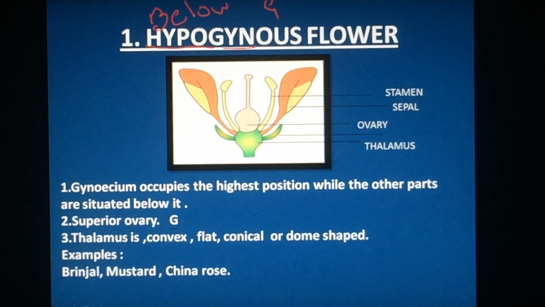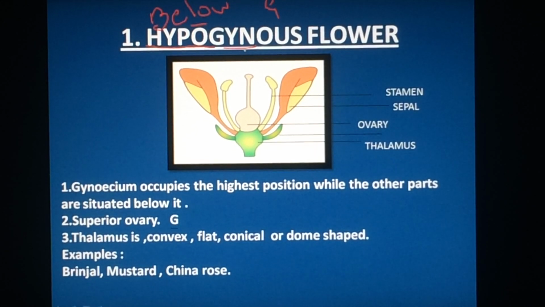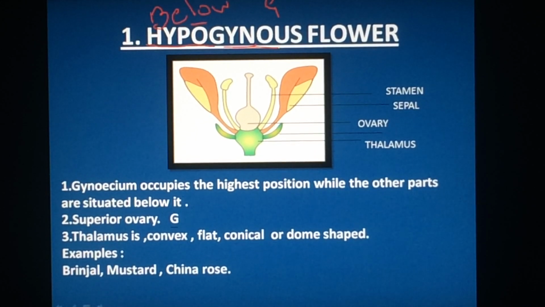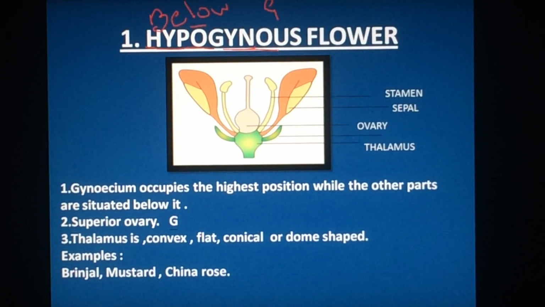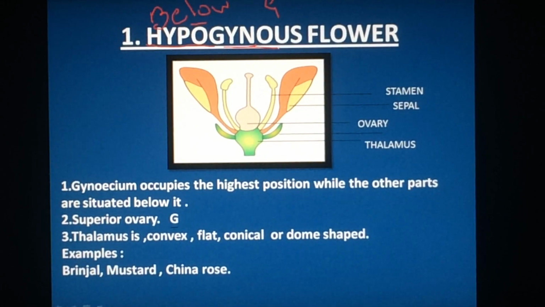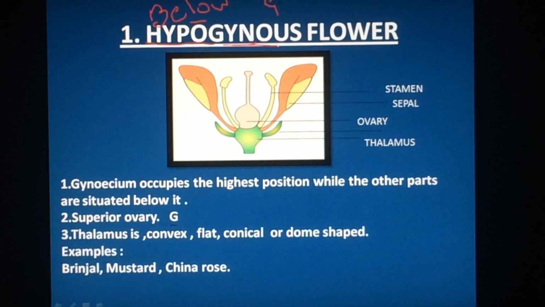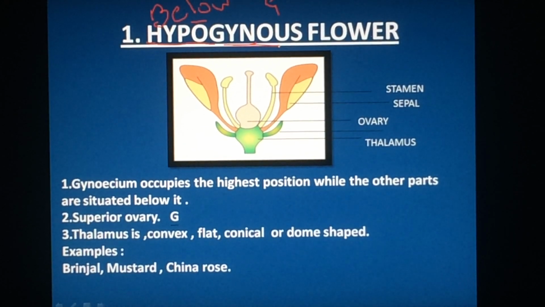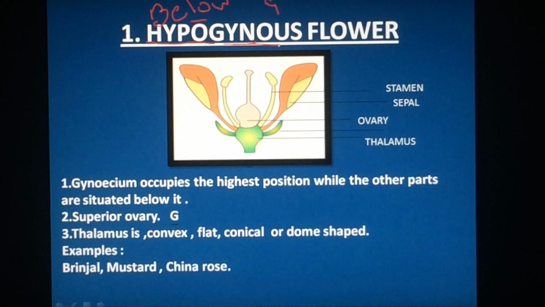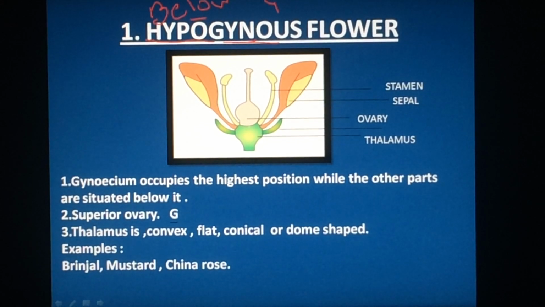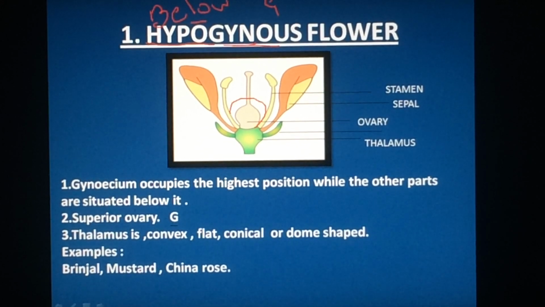All other floral whorls like calyx, corolla, androecium are present below gynoecium. Or calyx, corolla, androecium are originated below the ovary.